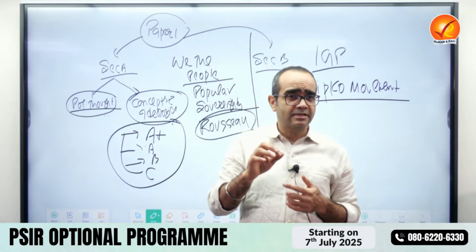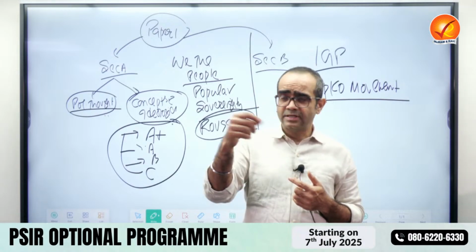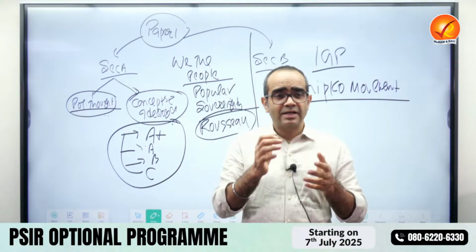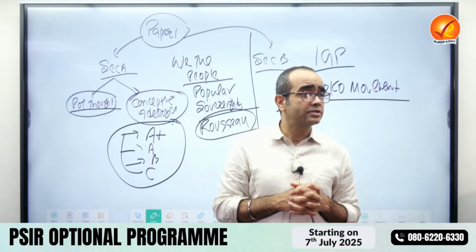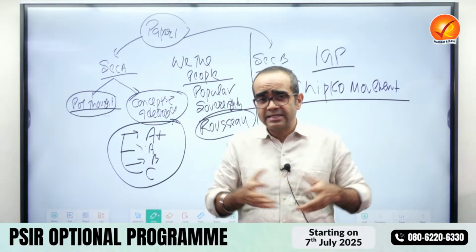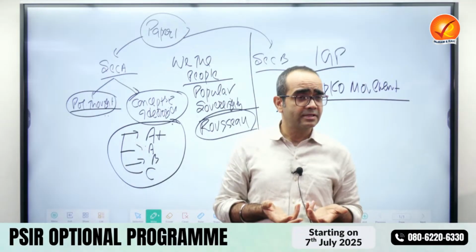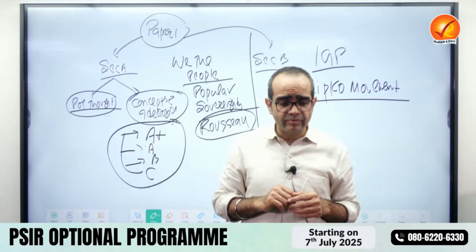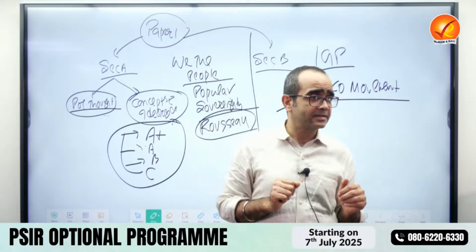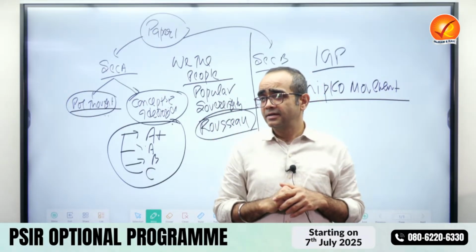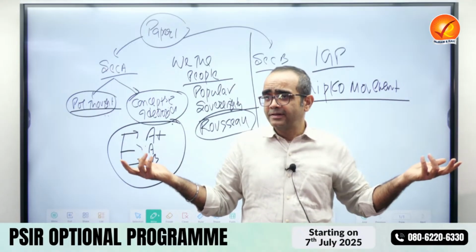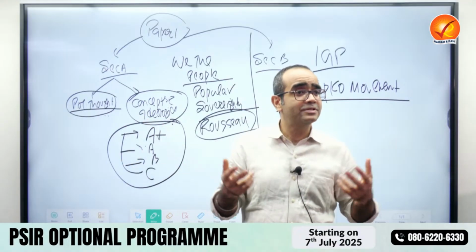Sanjay Gandhi ordered sterilization of Indian people. So sterilization to control the population, forcible sterilization, that is a violation of human rights. Entire opposition was put behind bar. We will be discussing habeas corpus case, which became a landmark. Government can suspend your right to life, Article 20 and 21 in emergency.